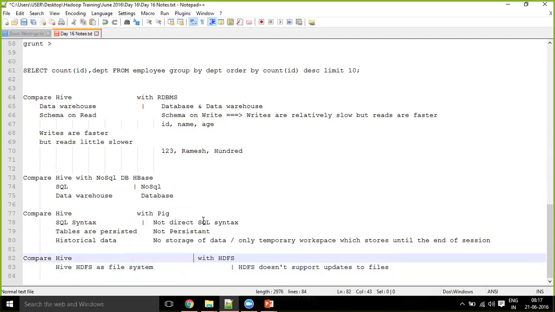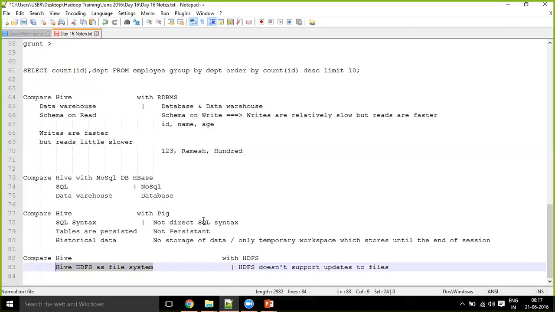If you load any data into a Hive table, in real scenarios that data comes from the HDFS file system, or you can directly load from the local file system, but that gets copied onto your HDFS files only. So what I am trying to say is that Hive uses your HDFS as the storage layer.